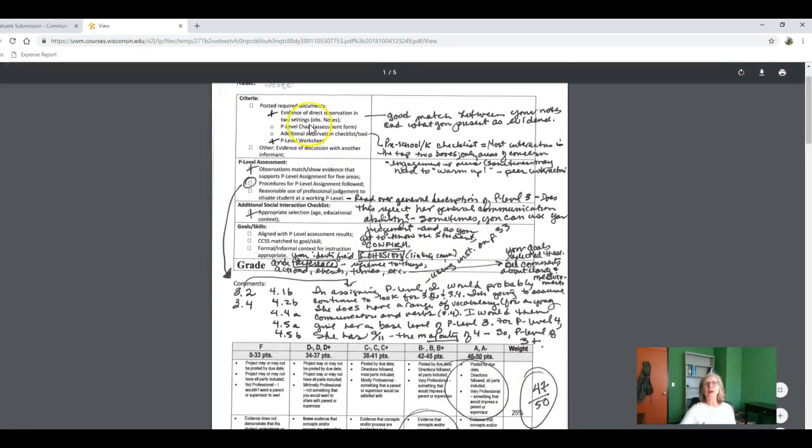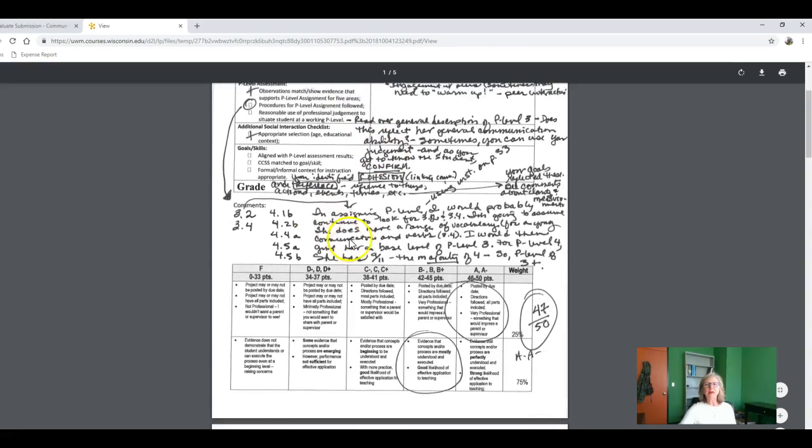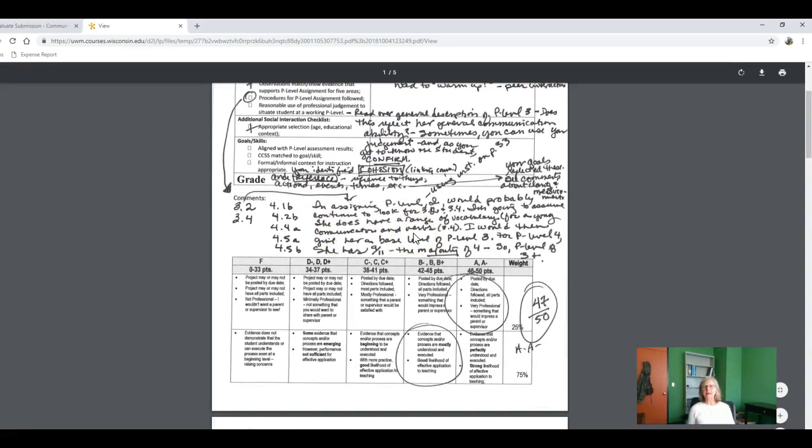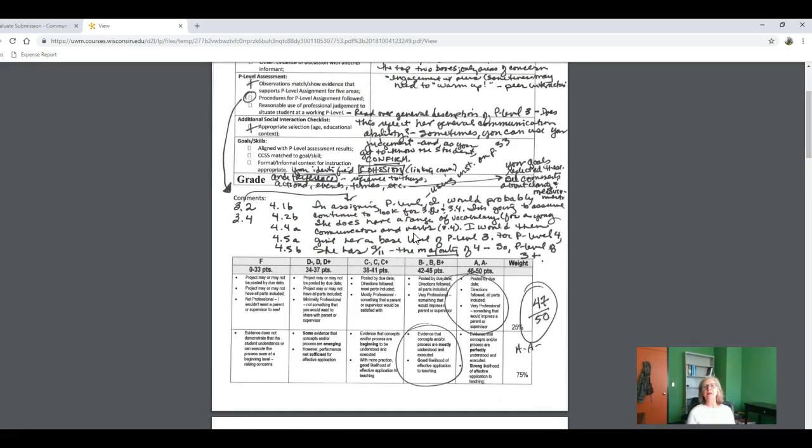Overall, you had all the things you needed. There is a little confusion about how to assign a P level, and there is this idea of using your professional judgment. You had 3 P level 3 skills, and you had a couple that you didn't check. I wonder if those might not be present, but you need a little bit more time to find and look for them.